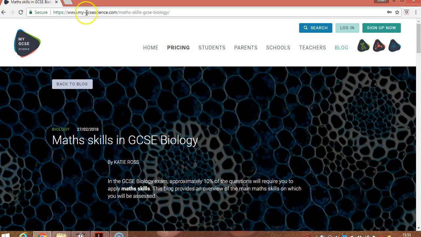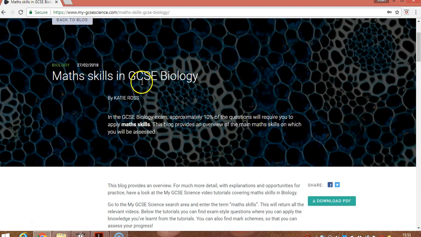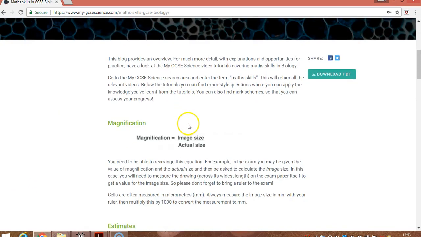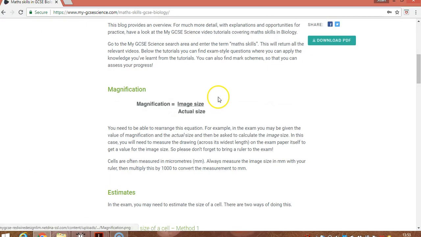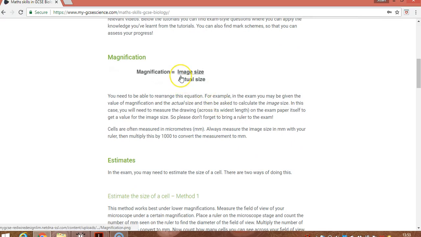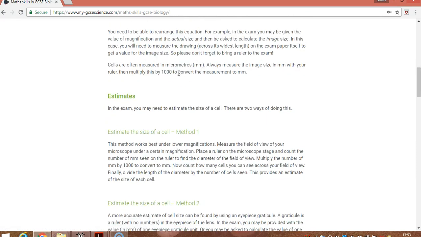If you go to a website called mygcsescience.com and go to the blog, there is a blog post called Math Skills in GCSE Biology. It was made on the 27th of Feb. So that gives a whole list of biology calculations. There might be magnification in Edexcel, because that comes under part 1, topic 1, which is in both papers.